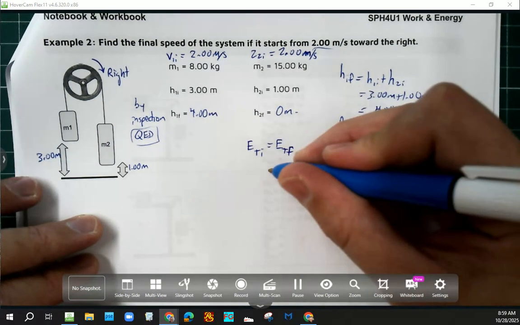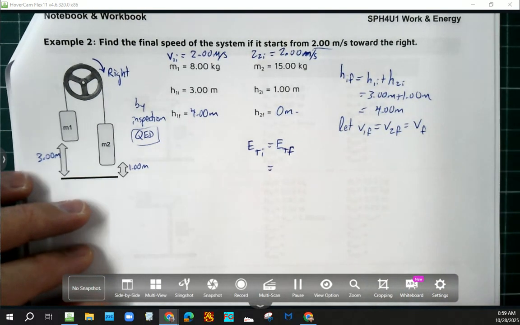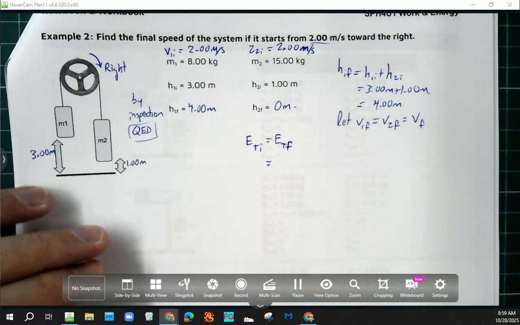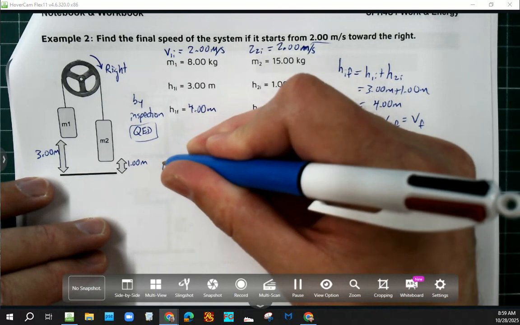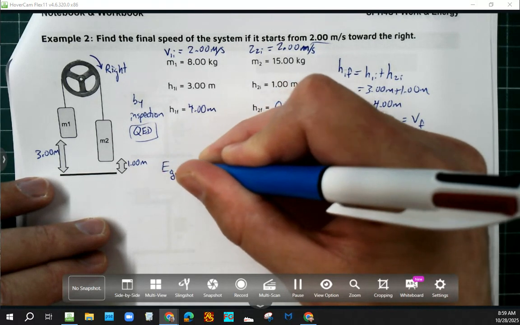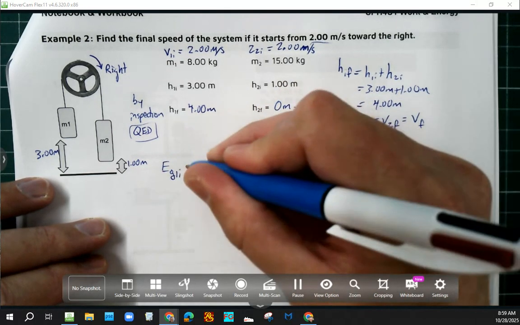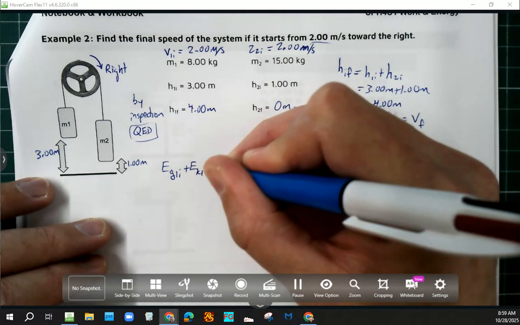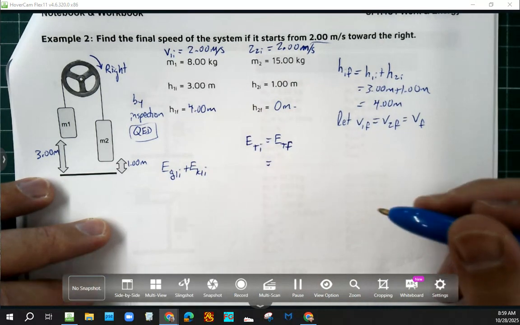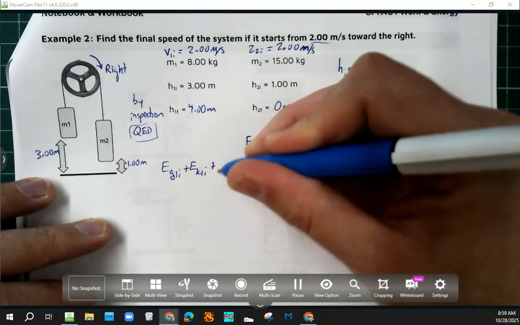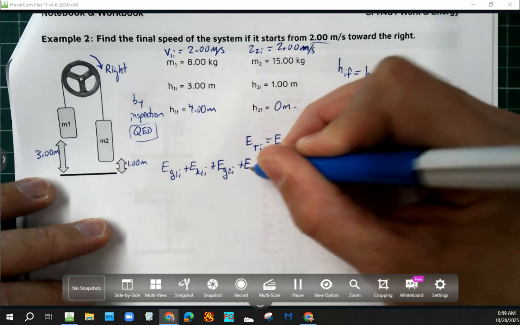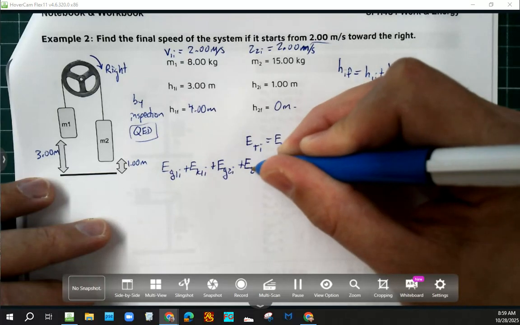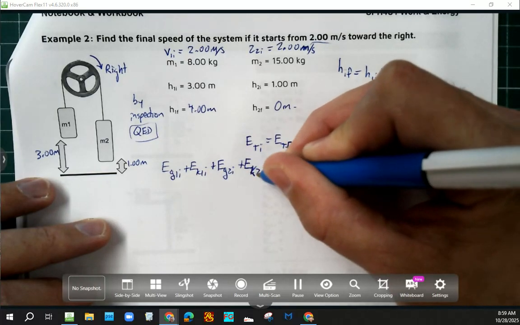Expanding out my total mechanical energy. Remember, we're only talking about translational kinetic energy and gravitational potential energy. So E total initial, I'll just do it all at once, would be EG1 initial plus EK1 initial. That would be the total mechanical energy for object 1 initial. EG2 initial plus EK2 initial.